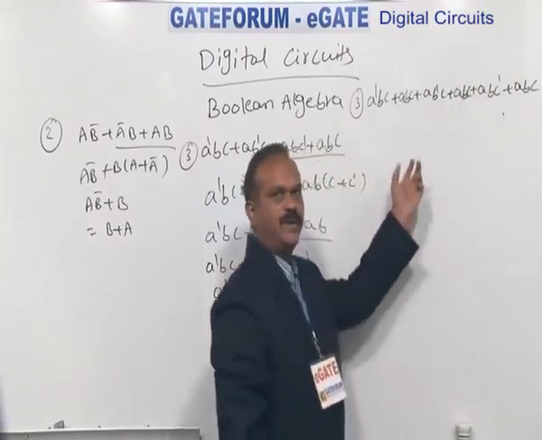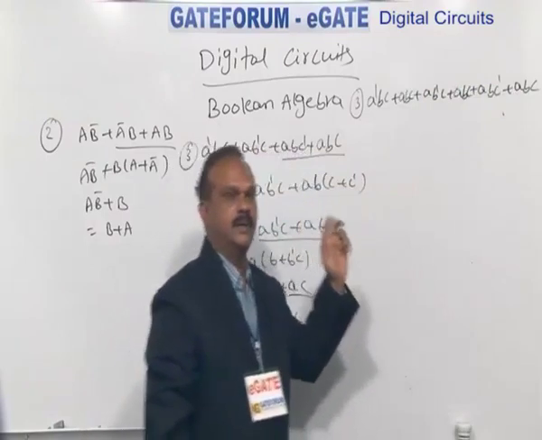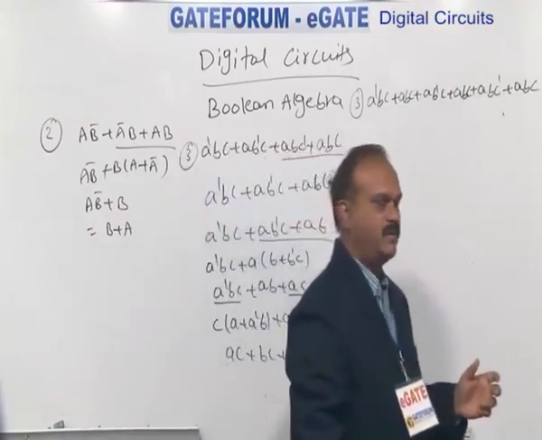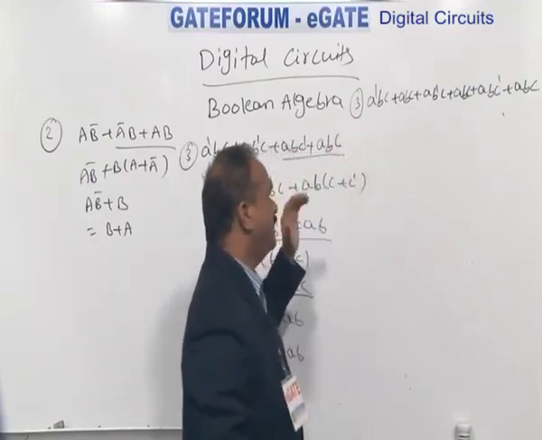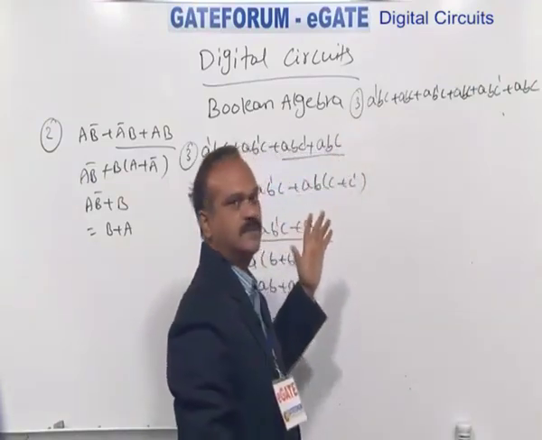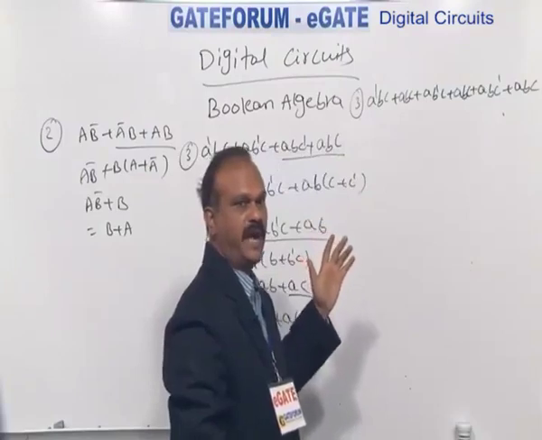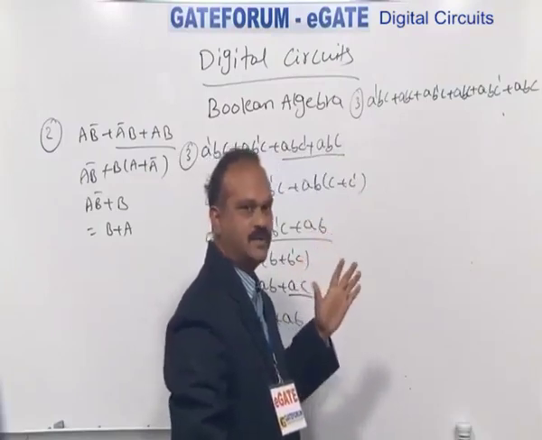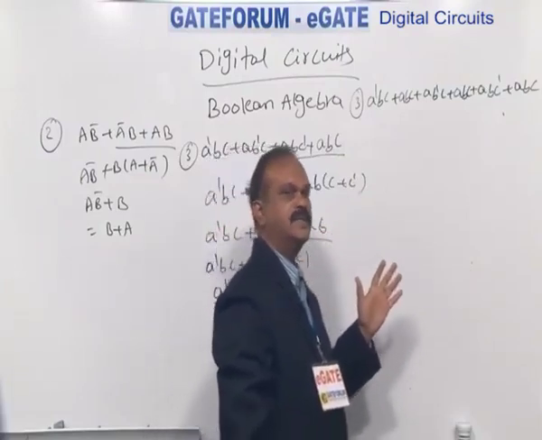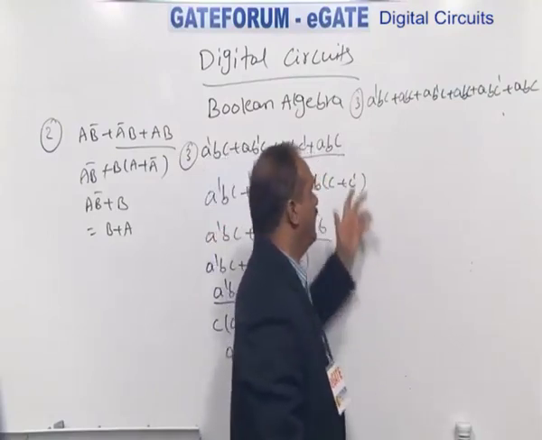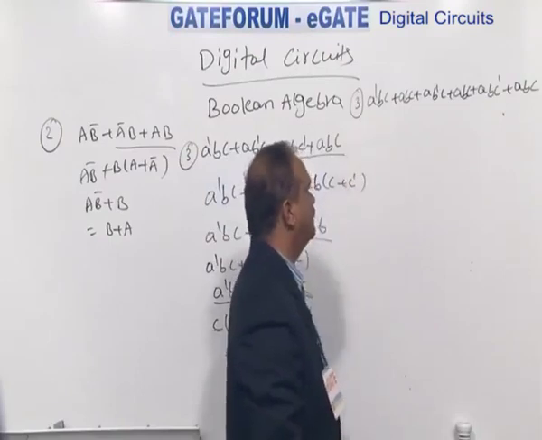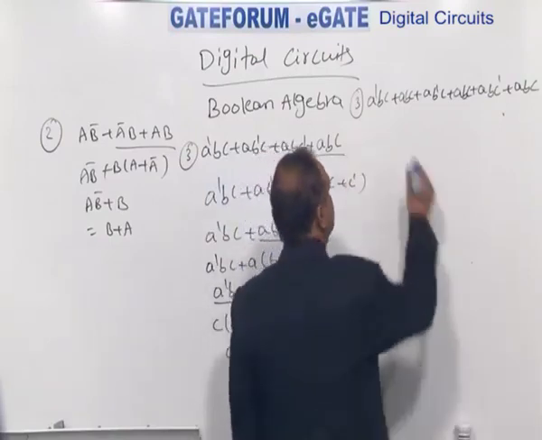The same problem I am doing in a different way. So I am adding the ABC twice, because an existing term can be added as many times as you want. So ABC I have added twice. So now how simple it is.